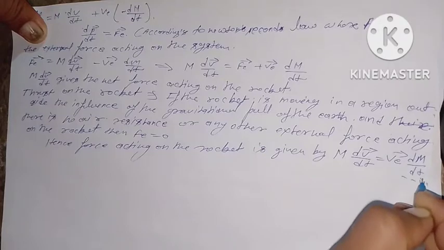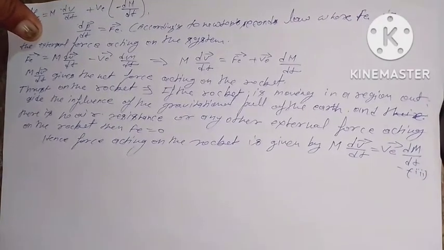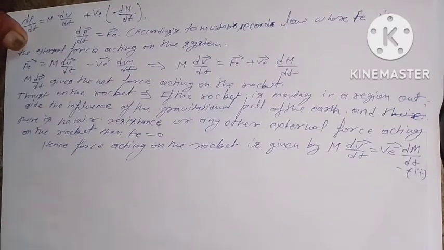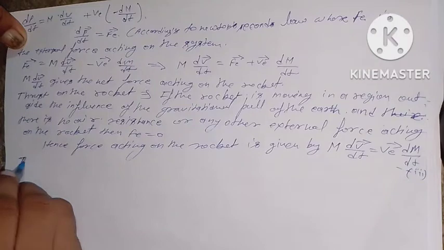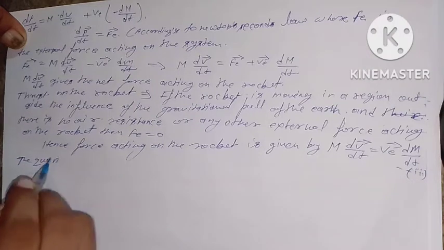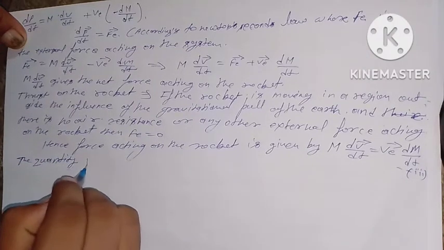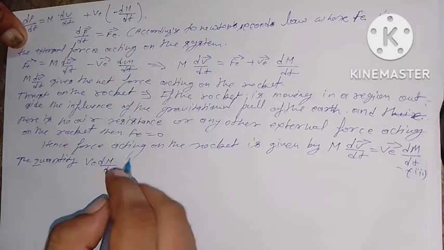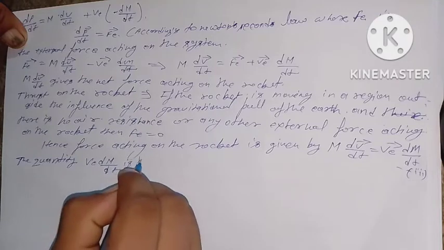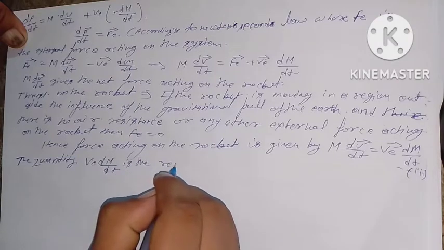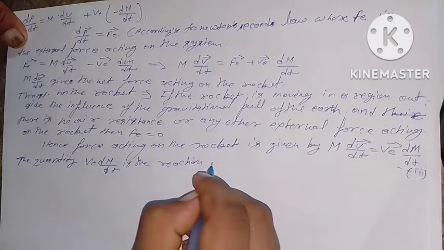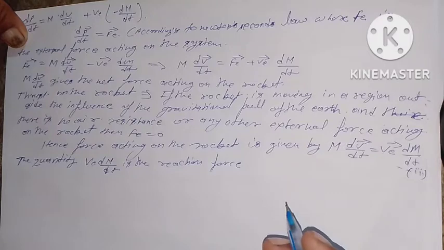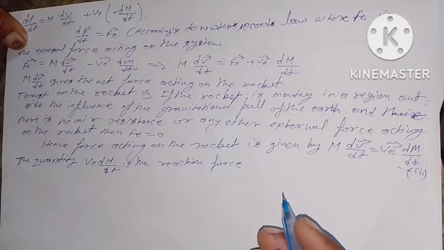This is the equation number 3rd. The quantity ve dm upon dt is the reactive force, the reaction force exerted on the rocket by the exhaust of gases, and gives the thrust.